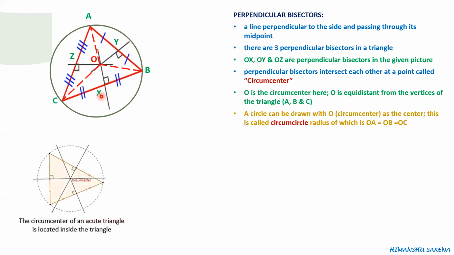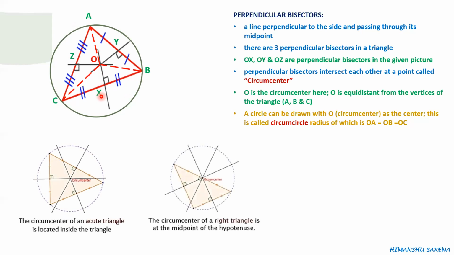Now again, some interesting results. The circumcenter of an acute triangle is always located inside the triangle. The circumcenter of a right triangle is at the midpoint of the hypotenuse. If I draw a circumcircle for this right triangle, then its center would be at the middle of the hypotenuse.